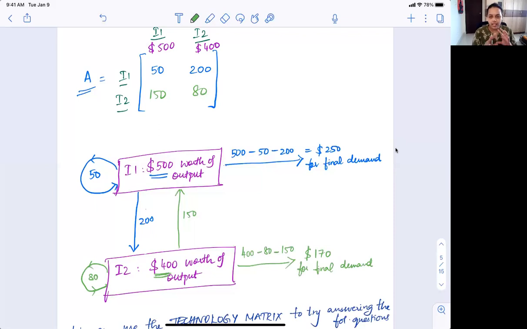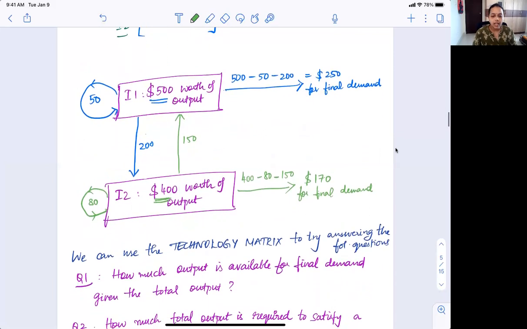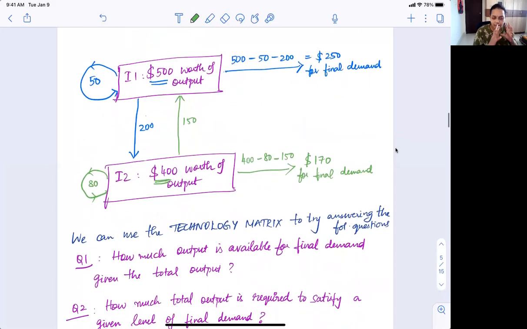The idea here is that when you describe a system in this manner, you can use this technology matrix to answer three different types of questions. If we are given the total output and the technology matrix, then we can compute how much output is set aside for final demand.